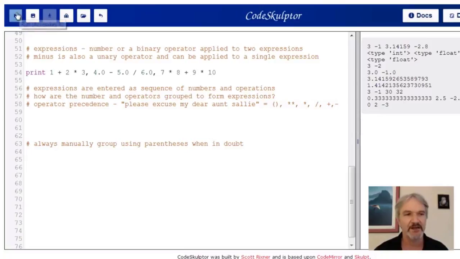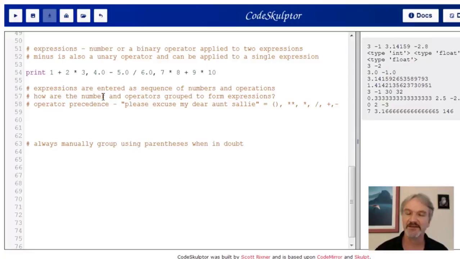And if I hit run, what comes out is exactly what I'd expect. You might ask, how did I go from this definition to this flat expression? I typed in 1 plus 2 times 3, so somehow Python knew that this was really 1 plus the product 2 times 3.